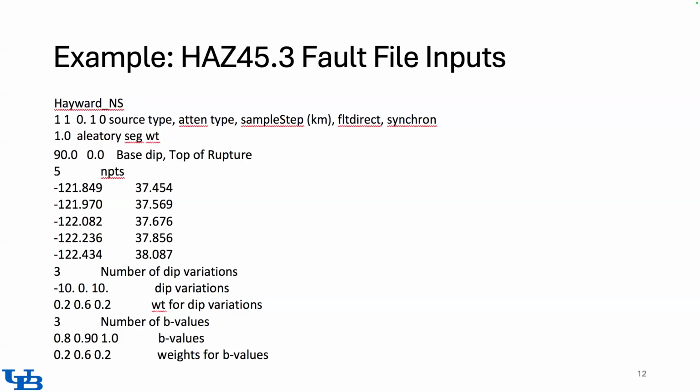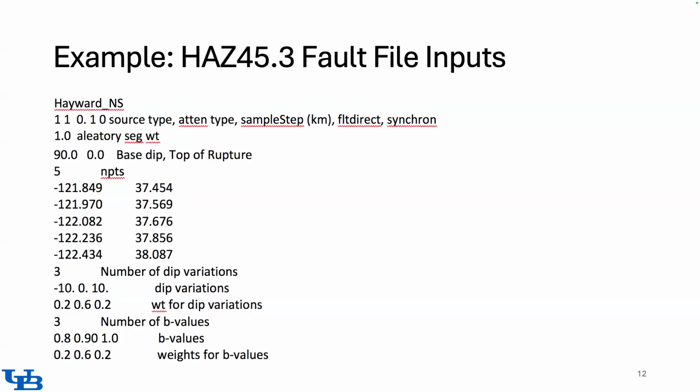And then you can start having alternative realizations for how you define the geometry. So you define that the reference dip angle that you will use is 90 degrees, and then you can define variations around that.